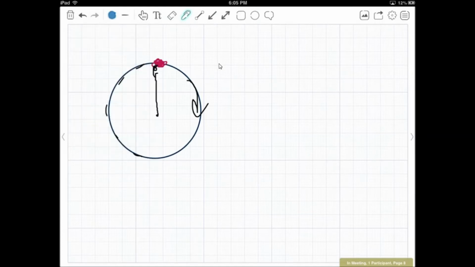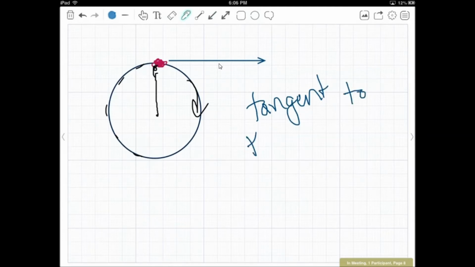So the ball would move in a straight line. As soon as the string is cut, it moves in a straight line, and we describe this line as tangent to the circle. You should know that from geometry.